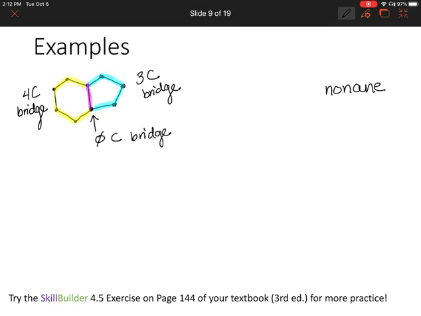All right, so in brackets, we're going to write from largest to smallest, 4, period 3, period 0. And then in the front, because we have 2 rings, we'll write bicyclo.